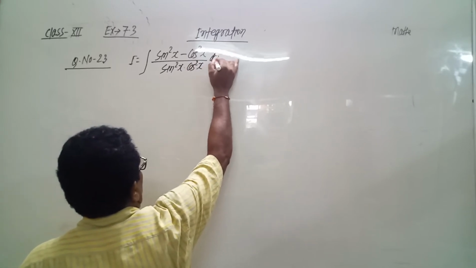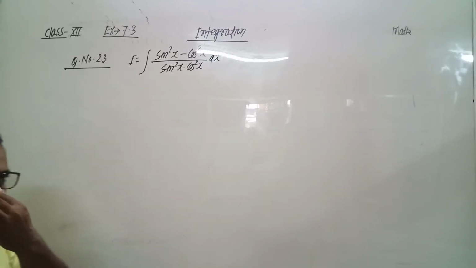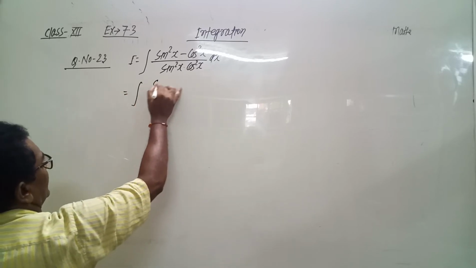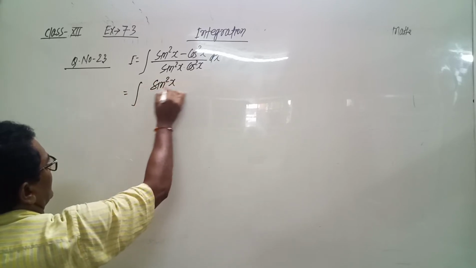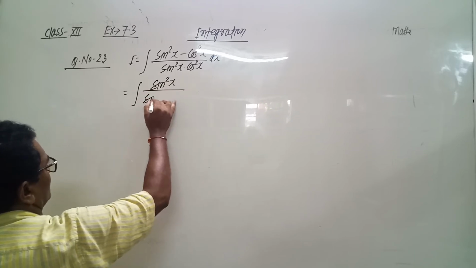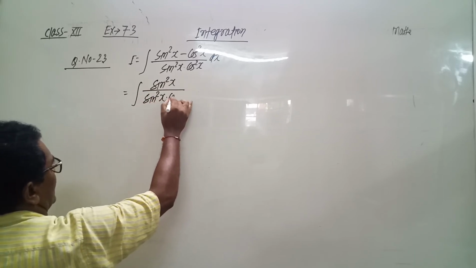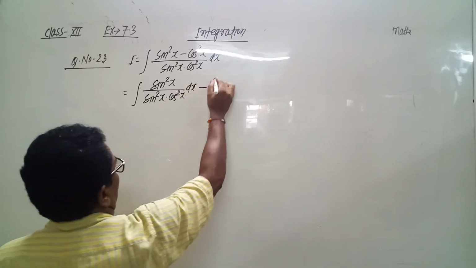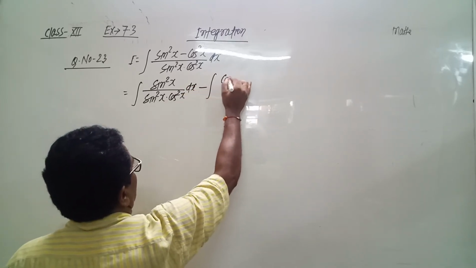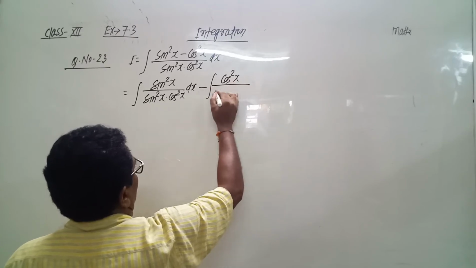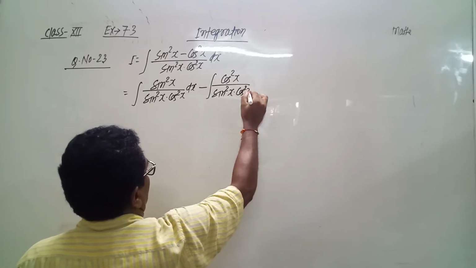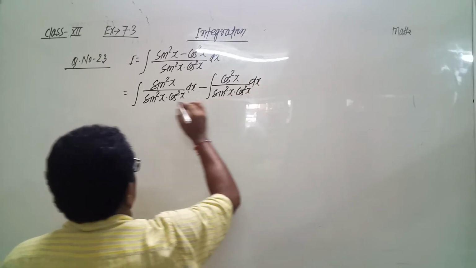So firstly we separate both the terms and we write integration of sin square x upon sin square x into cos square x dx, and minus integration of cos square x upon sin square x into cos square x dx.